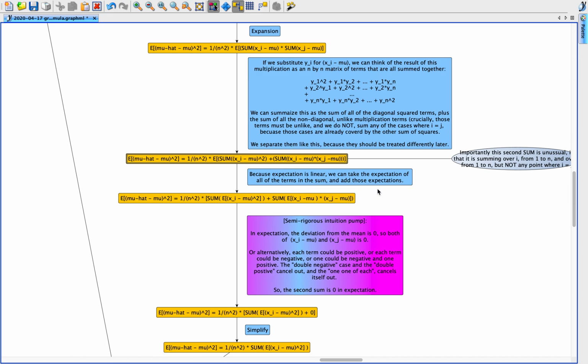And then, because expectation is linear, we can take the expectation of all of the terms in the sum and add those expectations.